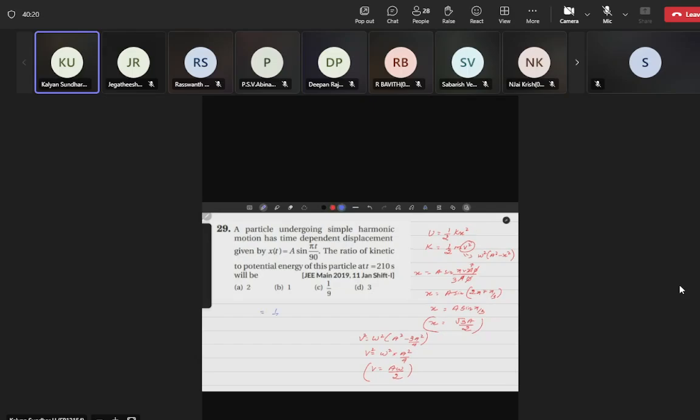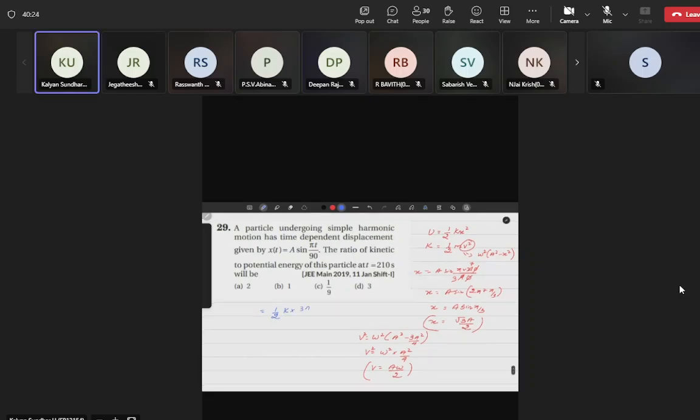Half k x square will be 3a by 4 divided by half m a square omega square by 4.